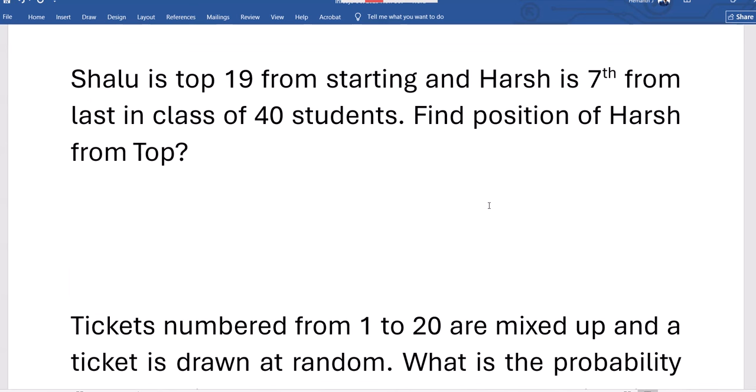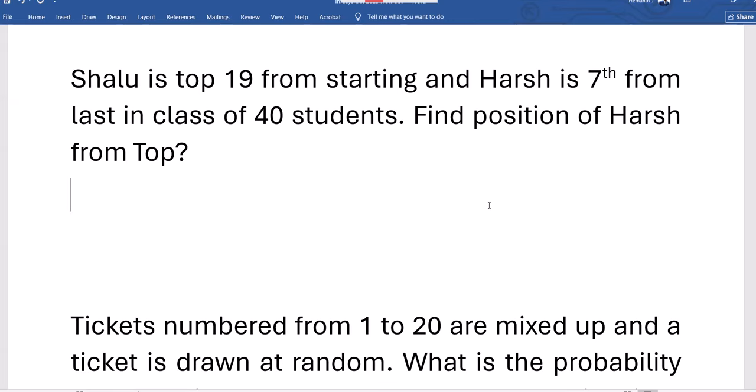So actually "Shalu is top 19" is unnecessary in the question. That's only to create confusion, because we know the total. We know Harsh's rank from the last. What is it from the top, meaning from first? Okay, so Harsh is 7 plus from top minus 1 must be equal to 40. So from top it should be 34.